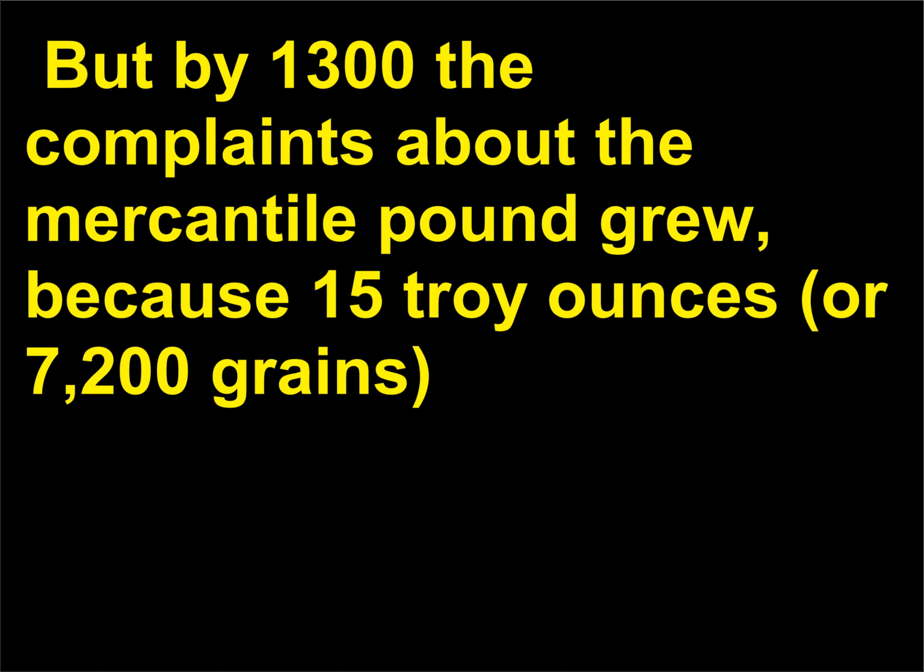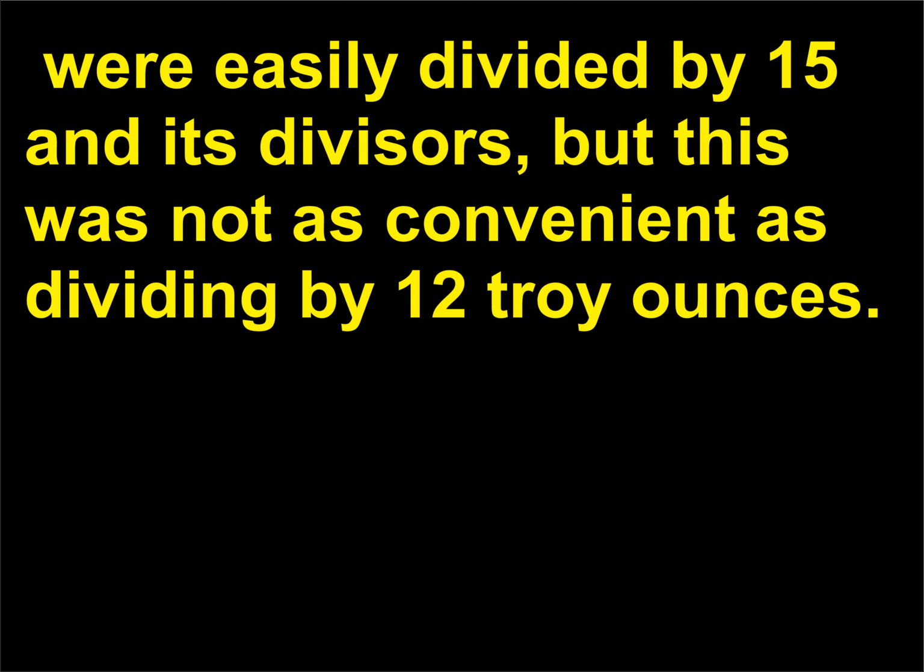But by 1300 the complaints about the mercantile pound grew, because 15 troy ounces, or 7,200 grains, were easily divided by 15 and its divisors, but this was not as convenient as dividing by 12 troy ounces.